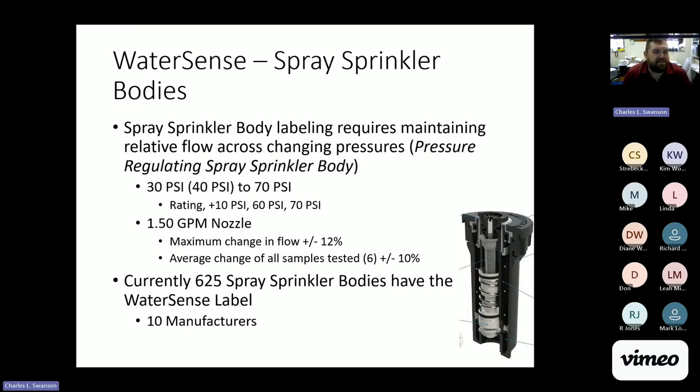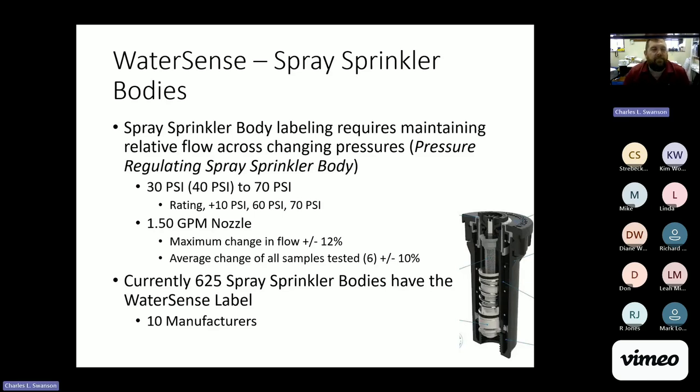Spray sprinkler bodies. What about a spray sprinkler body has WaterSense looked at to identify those as a water efficient device? What they were looking at is sprinklers that had built-in pressure regulation in the sprinkler body. I already mentioned earlier the importance of pressure regulation technologies, and I'm going to go into more detail on that soon.